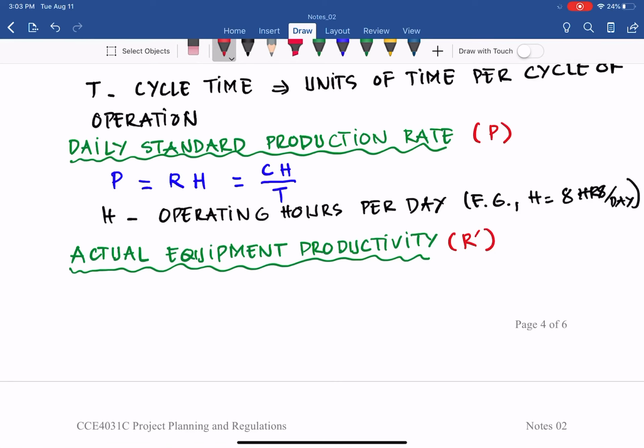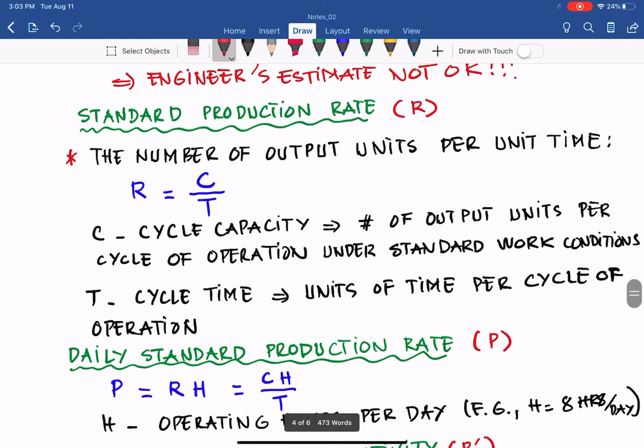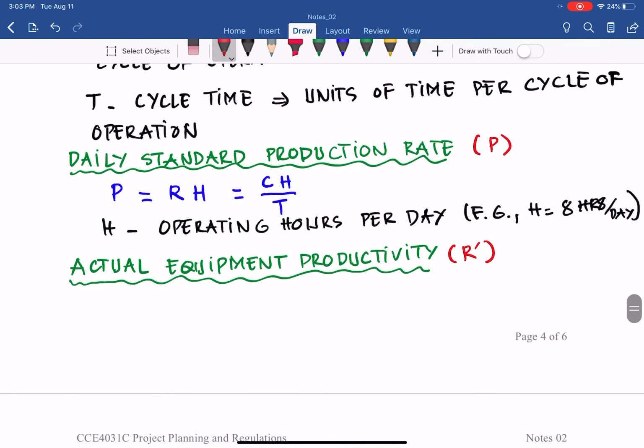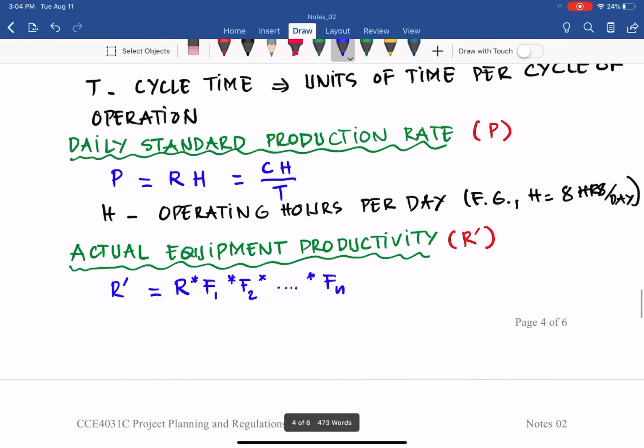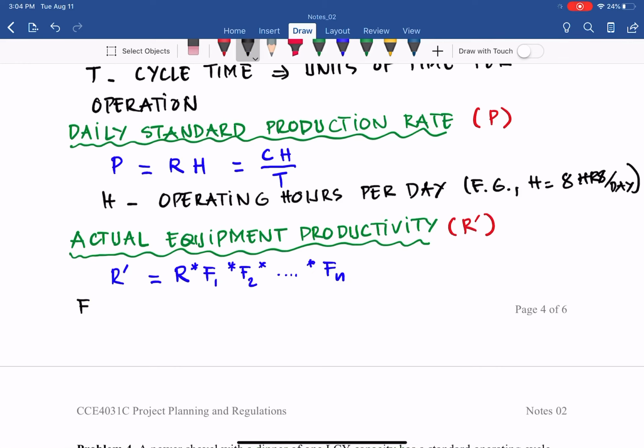For example, R apostrophe stands for the actual production rate, from the standard production rate R. So we have to adjust for the factors, so R apostrophe equals the standard R times the factors F1, F2, F3, etc., any adjustment factor that you might have. That is the adjustment we need to make, depending on how the actual condition differs from the standard condition.